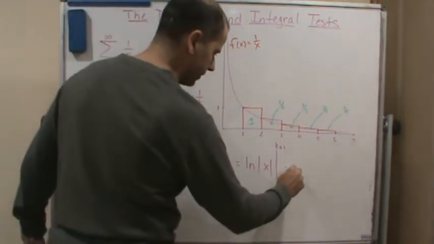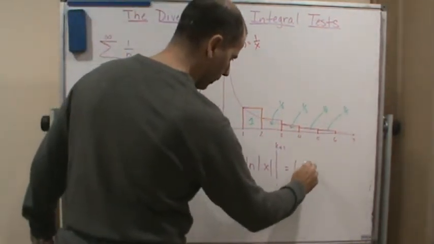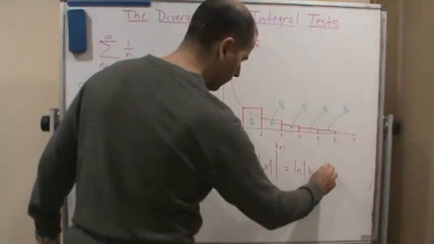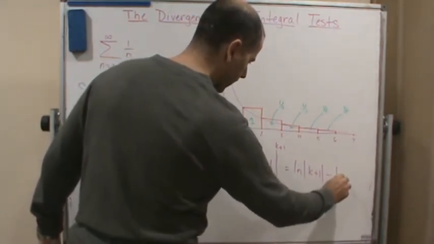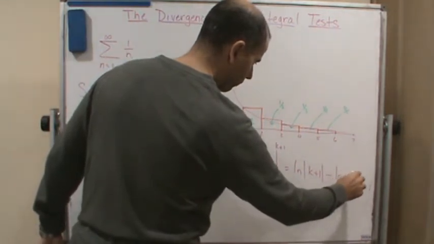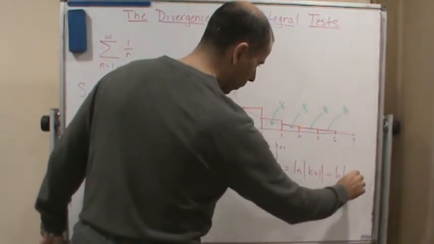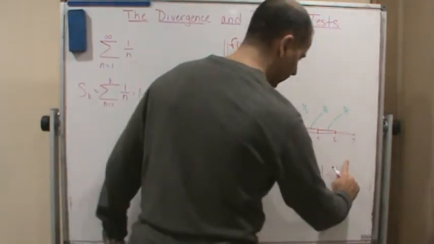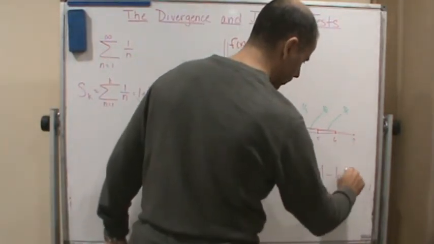And of course, this is going to equal the natural log of the absolute value of k plus 1 minus the natural log of the absolute value of 1, which we don't need the absolute values, so it's just going to be the natural log of 1.